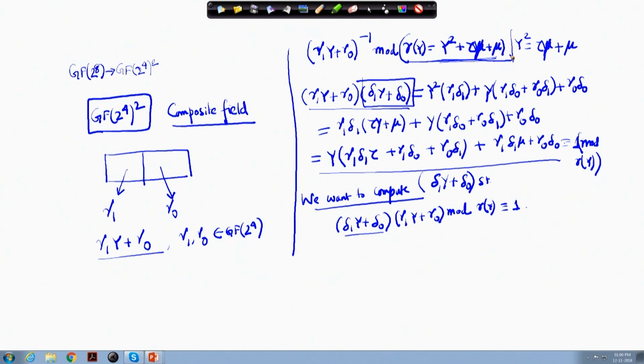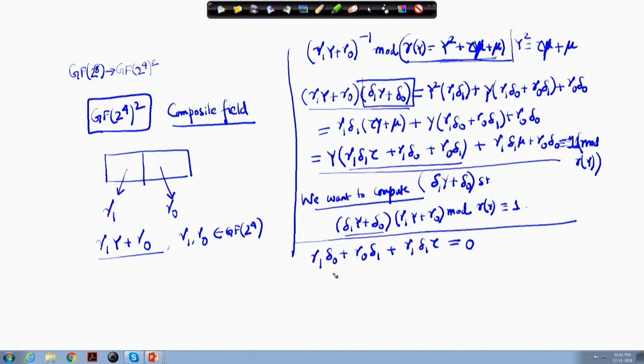Since I want this to be congruent to 1 modulo this field, I end up with two equations. Equation 1 is gamma 1 delta 0 plus gamma 0 delta 1 plus gamma 1 delta 1 tau, which is equal to 0, because I do not have any y term on the right hand side.